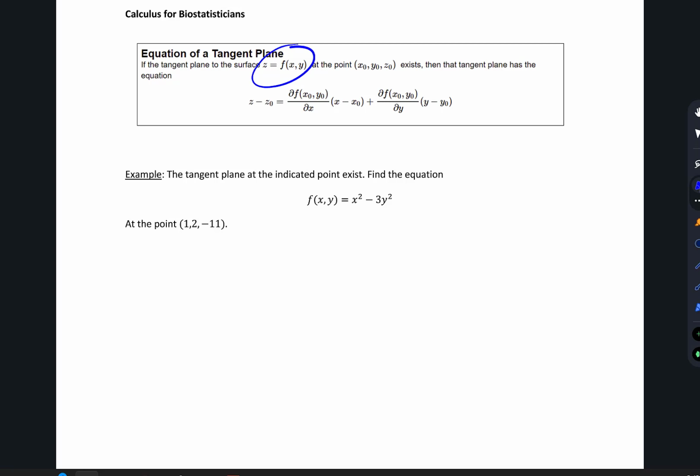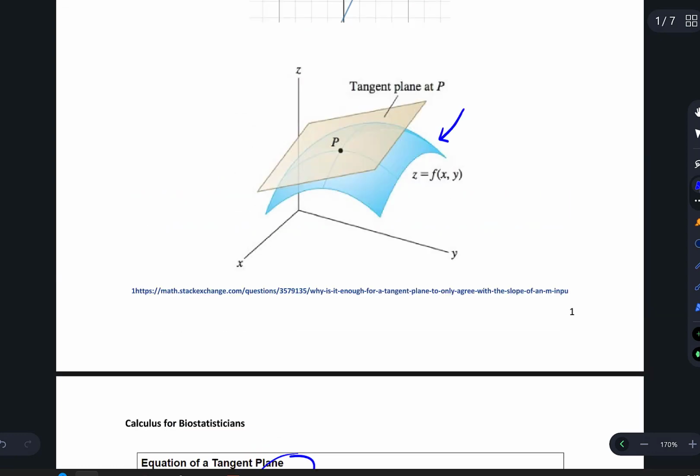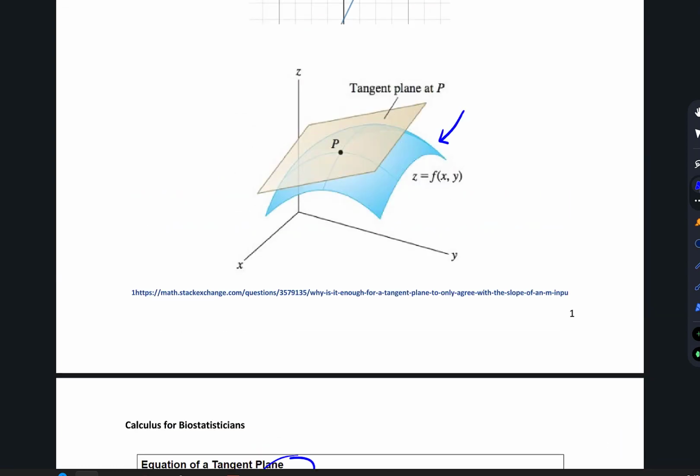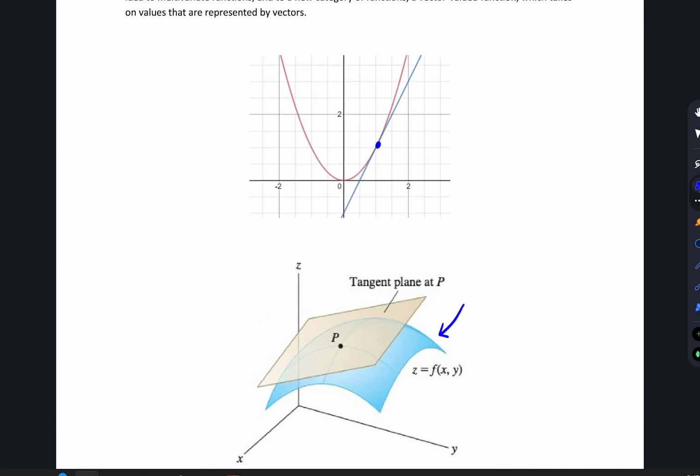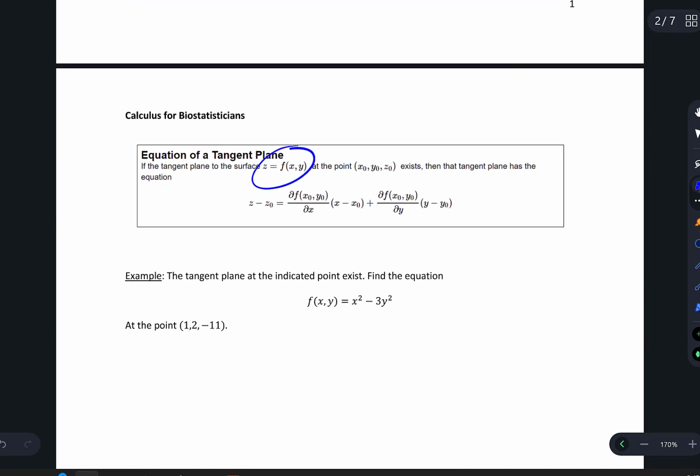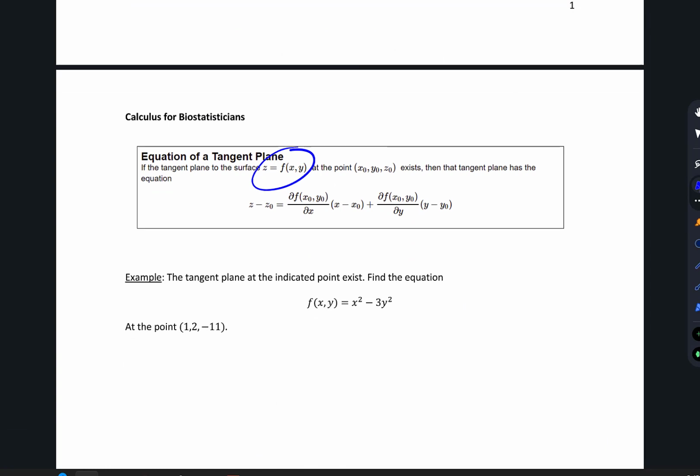If we want to evaluate that at the point (x, y, z), and notice that this point exists in 3-space, so that's why we evaluate it at a point (x, y, z), similar to earlier when we would evaluate at a single point (x, y), we can say the tangent plane exists and has the following equation.